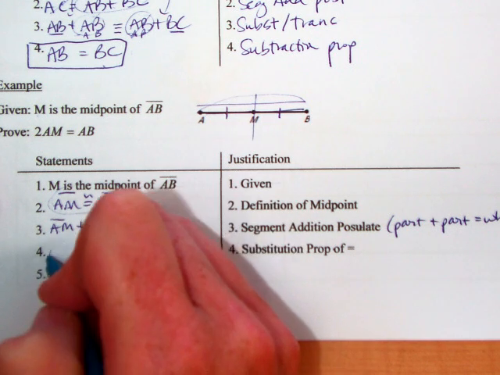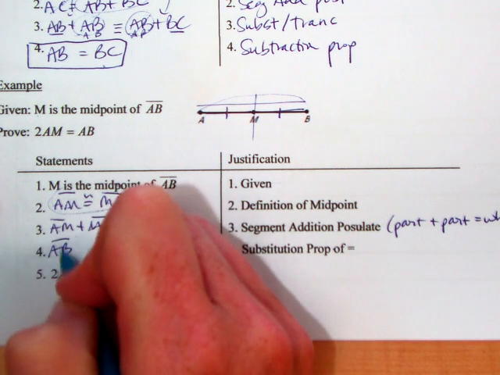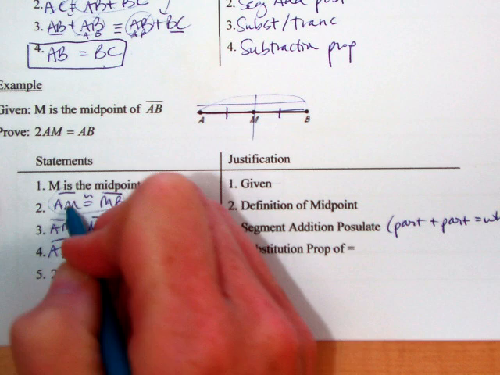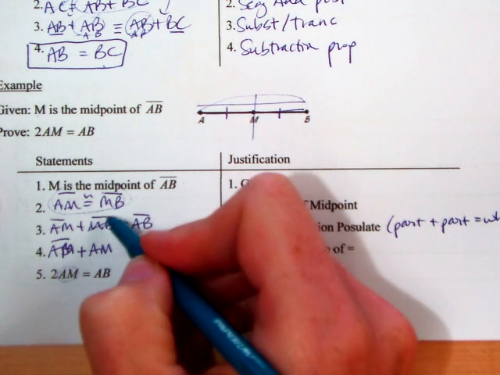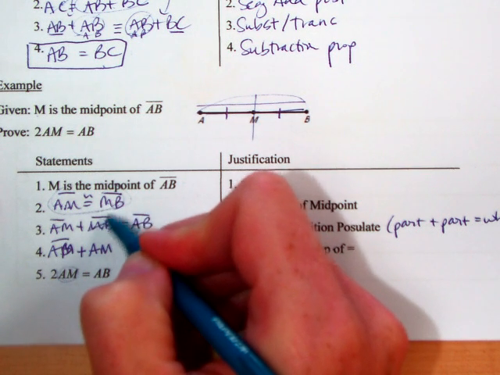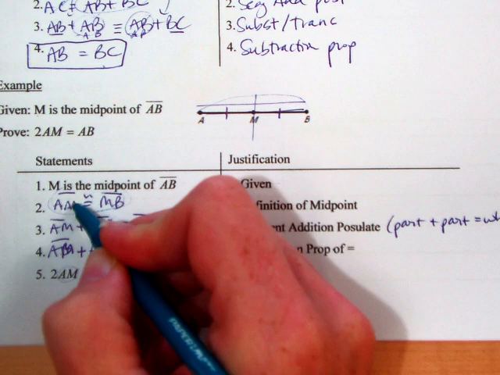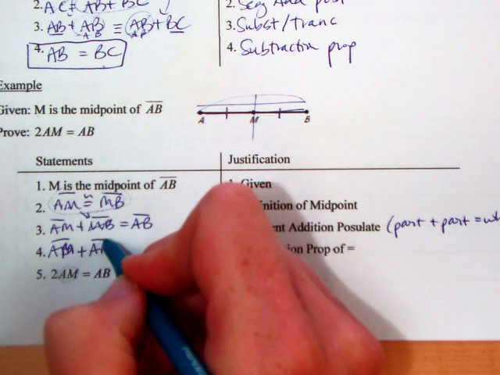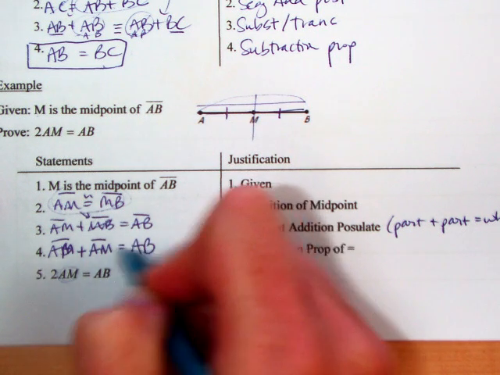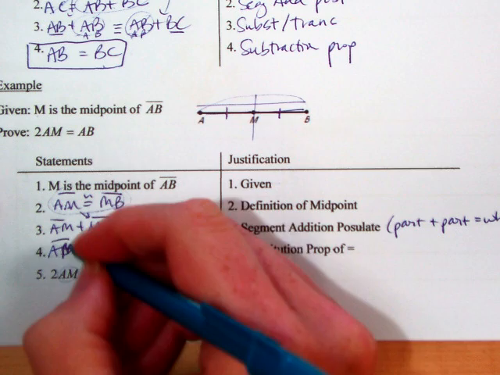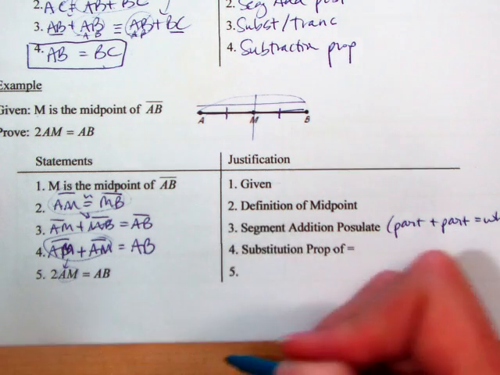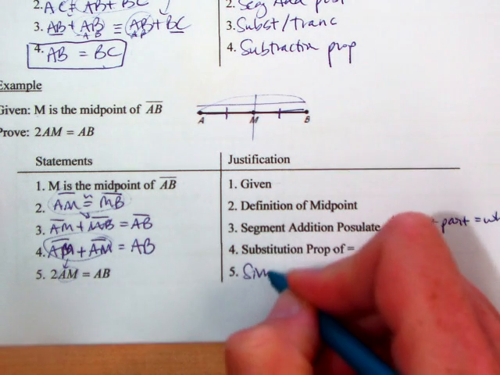That's not what I need. So I'm going to do this: AM plus another AM. All I'm doing is taking MB and substituting it for AM. So I'm putting that right there, equals AB. I substituted. And now I've got two AMs together equal AB, and we simplified.